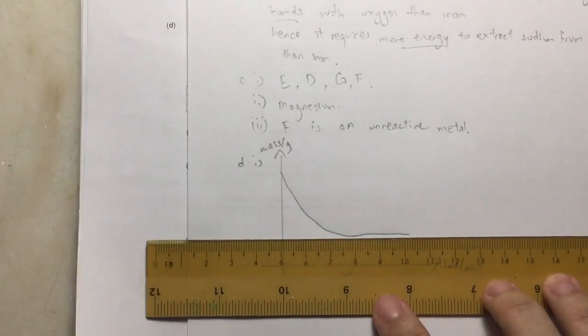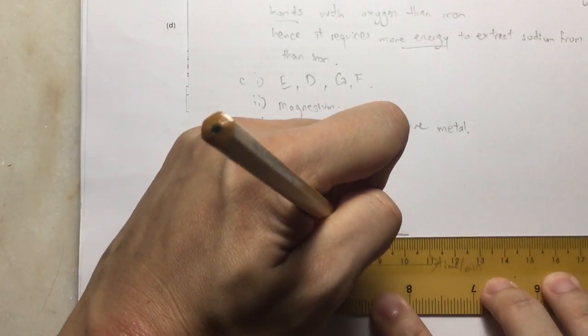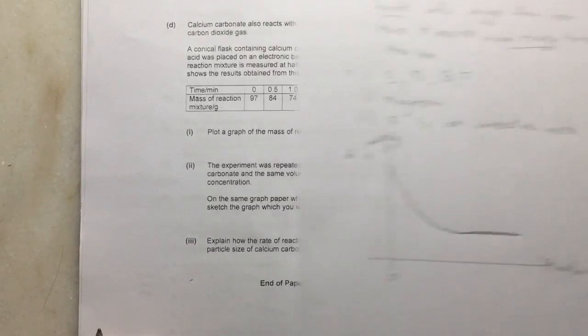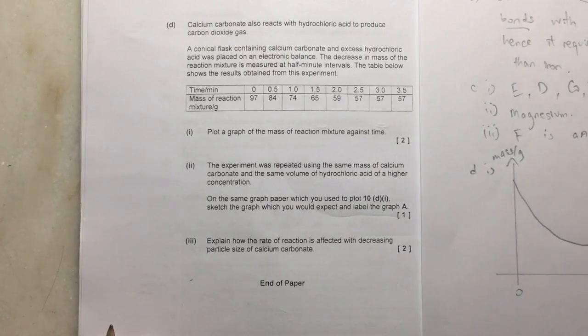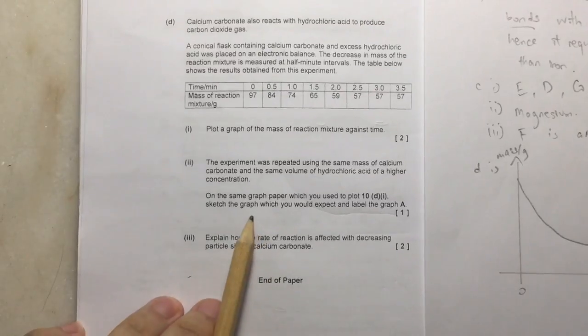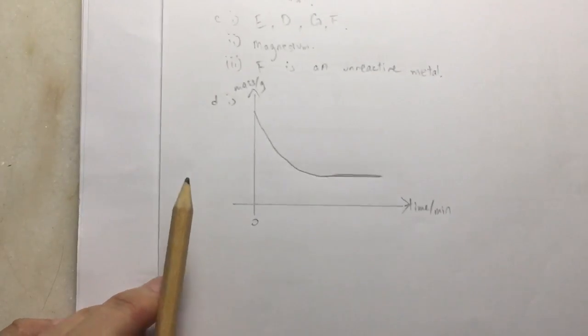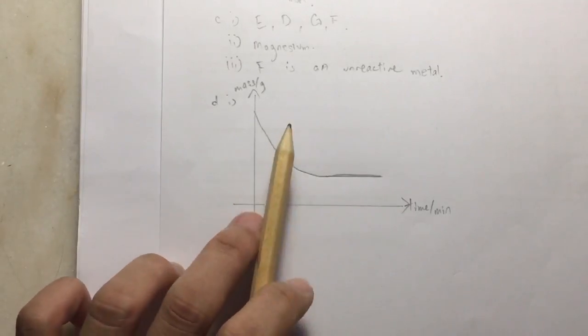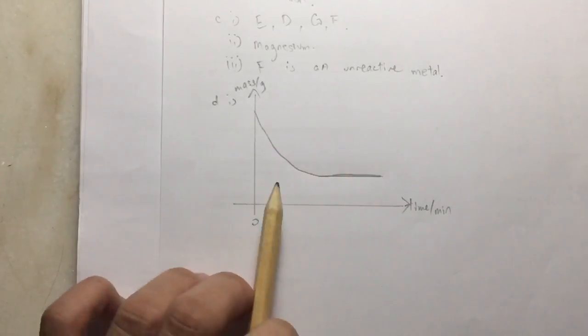Okay, it should be a straight line. Okay, you need to fill in your axes. Please put the starting point, end point. Okay, this is supposed to be done on graph paper.